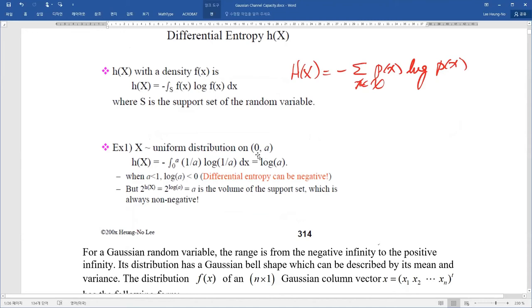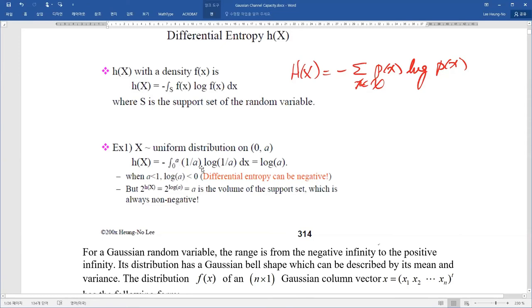So a is a positive number. Then by applying the definition, we have this. So support set is from 0 to a. Density function is 1 over a, and the log of 1 over a, and we do the integration. Since log 1 over a is a constant, we can bring it outside.